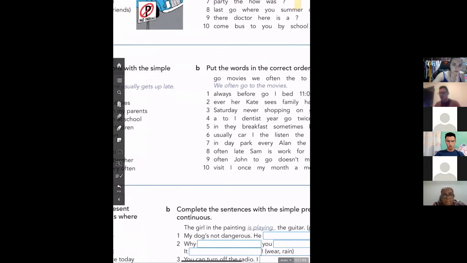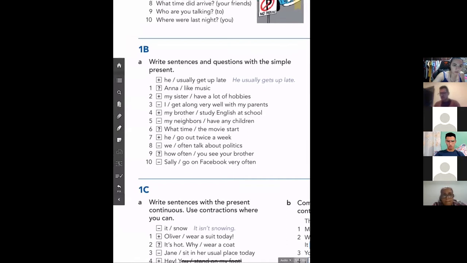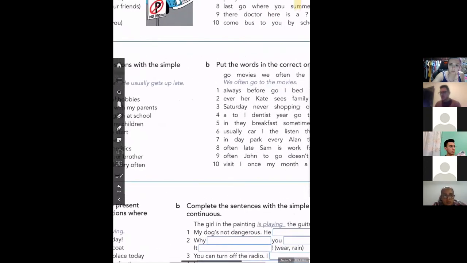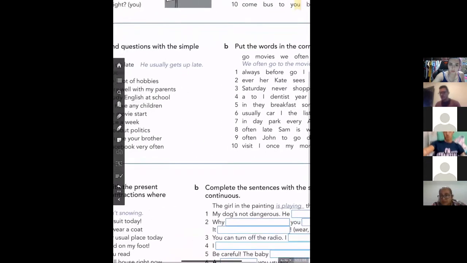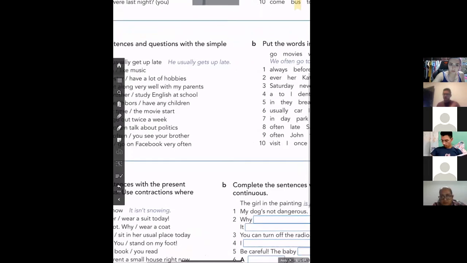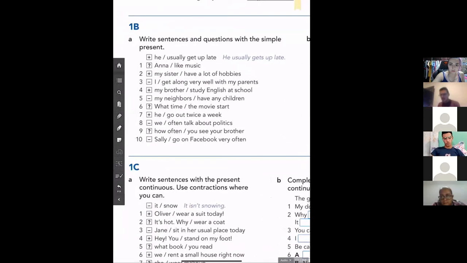A says write sentences and questions with the simple present. And B, put the words in the correct order. We're going to try to see if we can finish both of them. If not, then we will see what we can do. Questions? Now it's clear, teacher. Awesome.